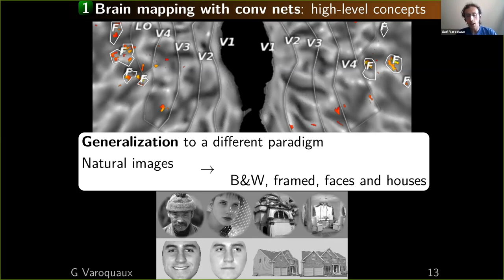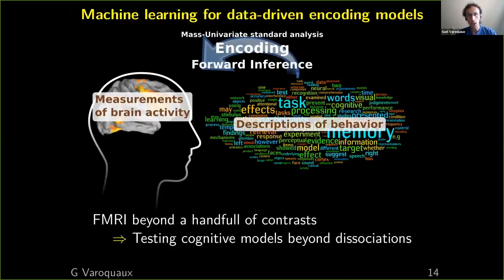So the idea here is that when we're using encoding instead of a classic standard analysis, we can have predictive models, we can train them on much richer stimuli, and so we can build methods of fMRI that go beyond a handful of contrasts and that test cognitive models beyond simple dissociations such as opposing faces and places.